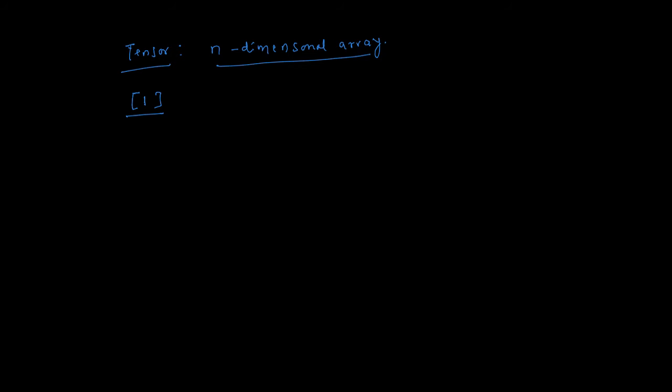That's why it's called a scalar. A single number is always called a scalar or zero dimensional array. Now if I have, let's say, this array, this is a one dimensional array because it contains only one row. It contains only a row, no columns, right? So that's why it is a one dimensional array.